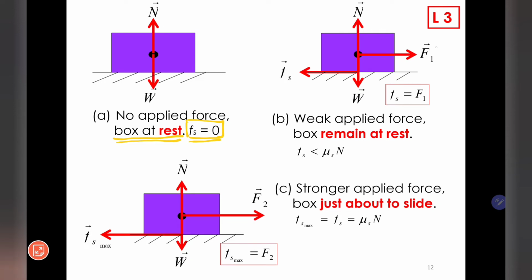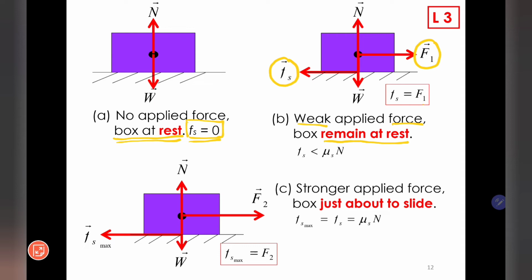This is the external force exerted on it, but the force is really weak or small. In this case, friction exists, acting against the motion, so the static frictional force equals F1, the force applied on it. But the box still remains at rest. Why? Because the force is small, so it doesn't move yet.